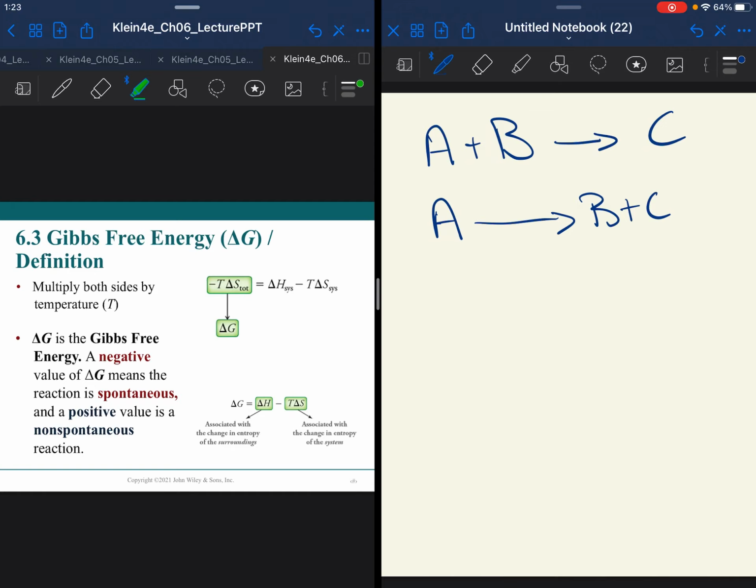Gibbs free energy takes into account both entropy and enthalpy, and it helps us to determine whether or not a reaction will go forward spontaneously or non-spontaneously. Non-spontaneous means that we would have to do something continually to keep that reaction going.